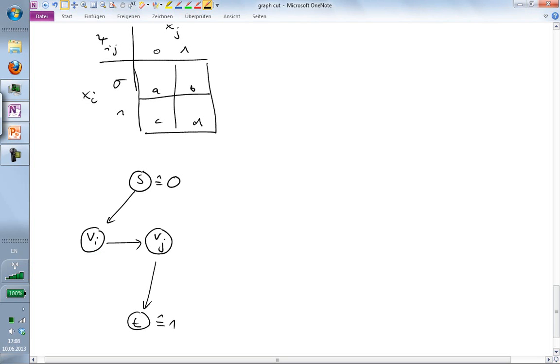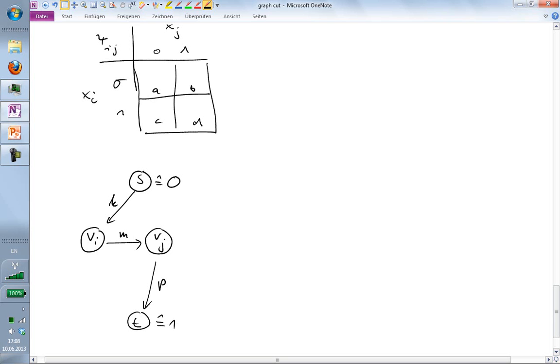Then I want to find the capacities that I should choose. So I'm calling these K, M, and P. I want to find the capacities that I should choose so that the s-t min cut will give me the value of the energy up to some constant.